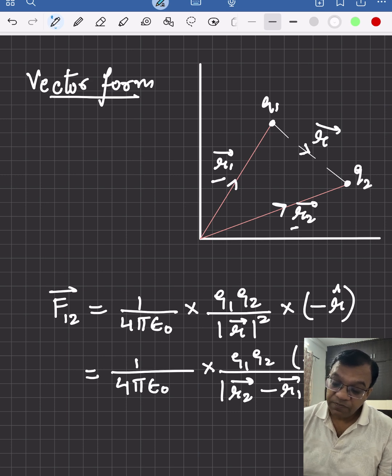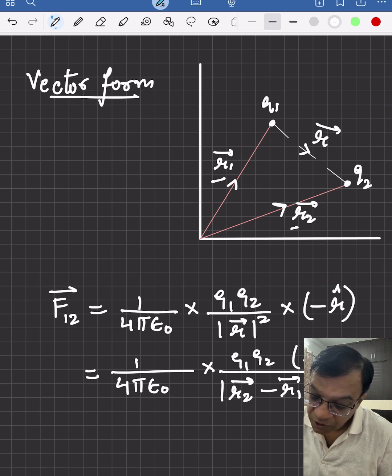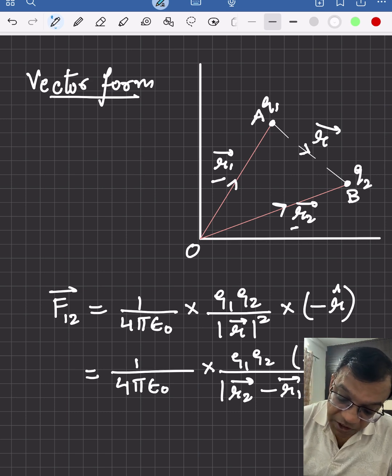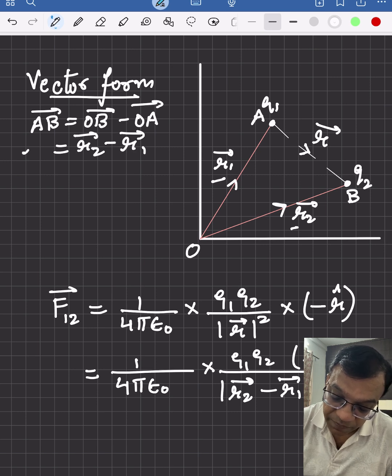Now let us say we have defined the R vector from A to B. This is O, this is A, this is B. AB vector is equal to OB vector minus OA vector, and we can write it as R2 minus R1. This vector we have defined as R vector.